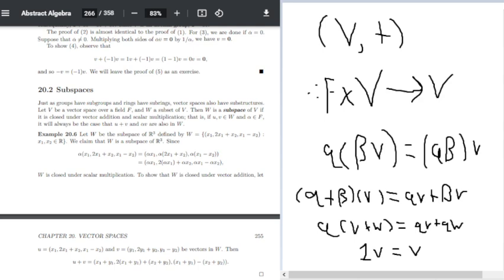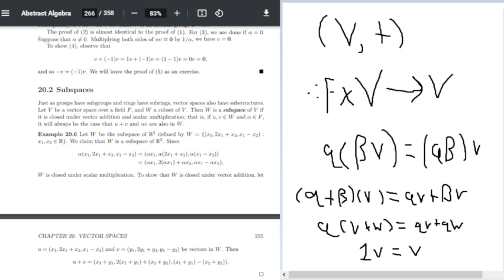So, for example, 20.6. Let W be the subspace of R cubed defined by W equal to (x1, 2x1 plus x2, x1 minus x2) for x1 and x2 in R. We claim that W is a subspace of R3, since alpha times (x1, 2x1 plus x2, x1 minus x2) equals (alpha x1, alpha(2x1 plus x2), alpha(x1 minus x2)), and then distributing we get (alpha x1, 2 alpha x1 plus alpha x2, alpha x1 minus alpha x2).